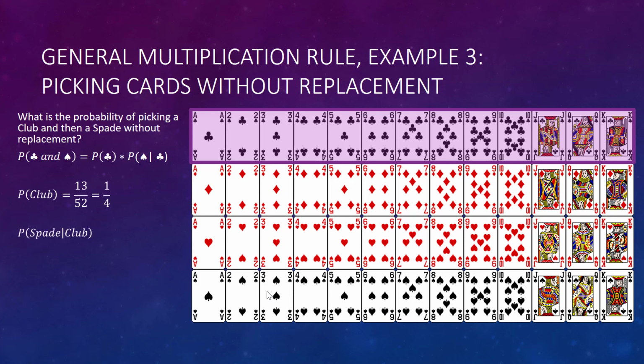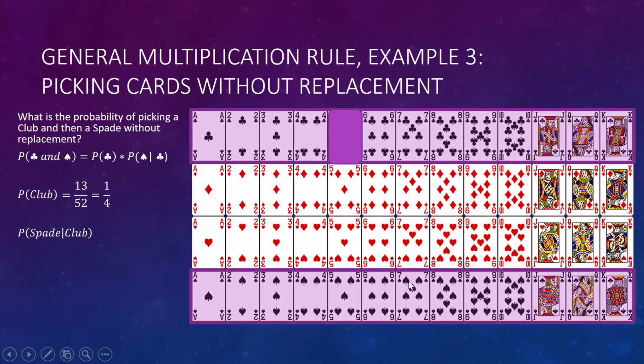What about the probability of picking a spade, given that we've already picked a club out of the deck? So let's just imagine we happen to pick the 5 of clubs. It really doesn't matter what number or letter is associated with the card. But the point is we've removed one card from this deck. How many spades remain in the deck? Well, we still have 13 spades because we didn't remove any spades from the deck of cards.